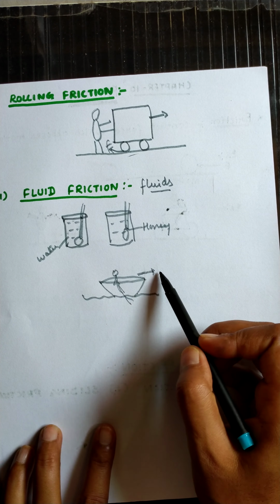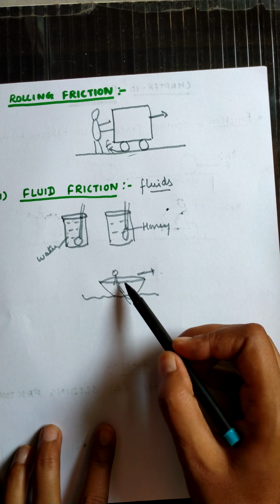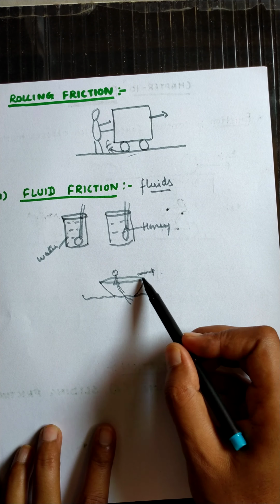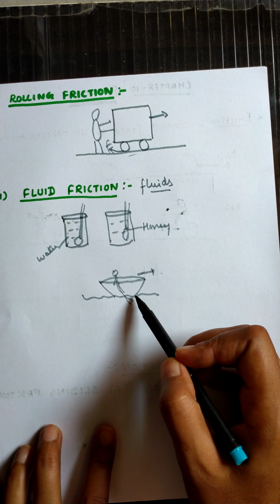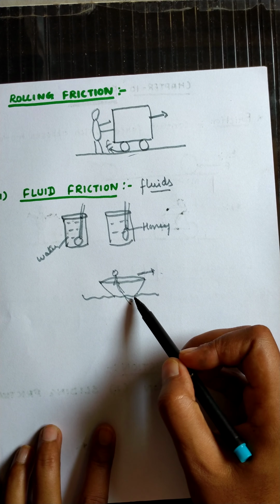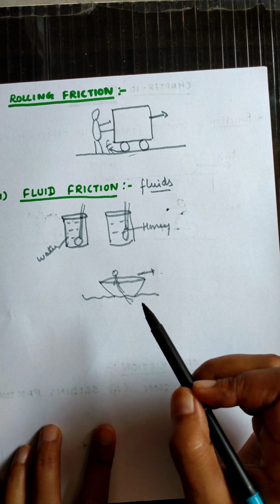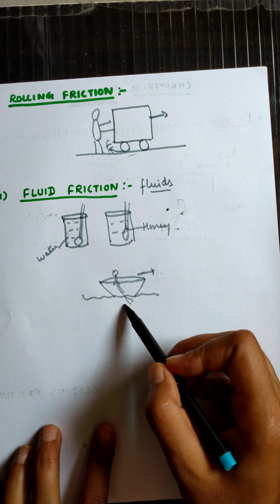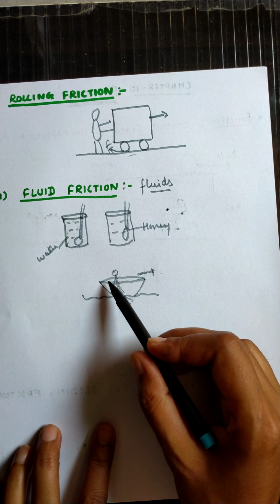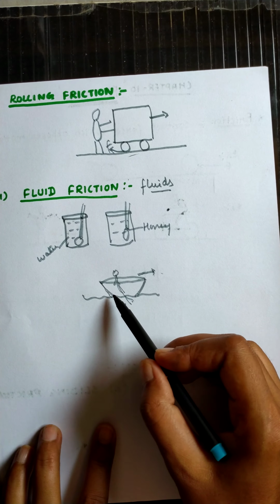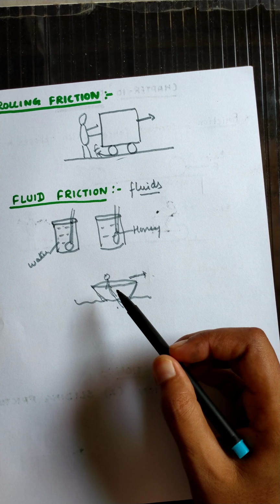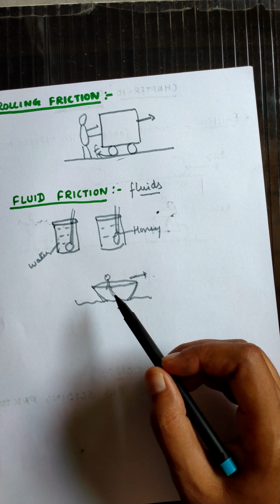Suppose it is moving in this direction and the person stops rowing the boat, in this case the boat will stop after some time, because the surface of the water is also applying friction force on the boat. That's why this is the fluid friction. Boats, ships, aeroplanes, etc. have a streamlined shape so that they are capable of overcoming the friction of the water.